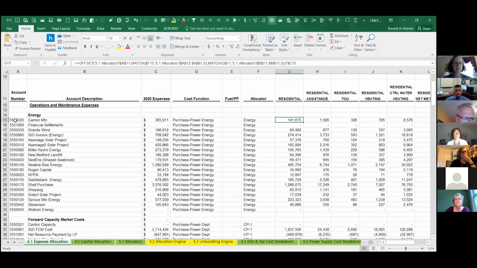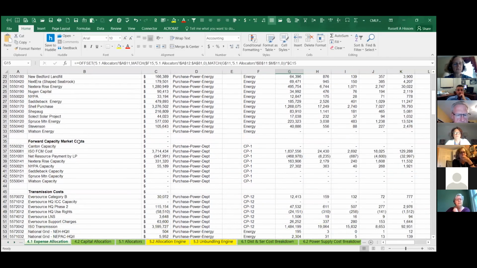This account number is the account in your general ledger and this is the particular expense that goes with it. And these were identified as the variable energy pieces of your power supply. And then other accounts are identified as these are fixed costs in this area right here. So your FCM cost.